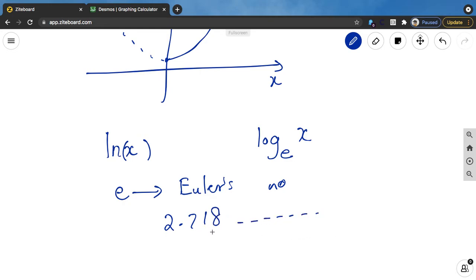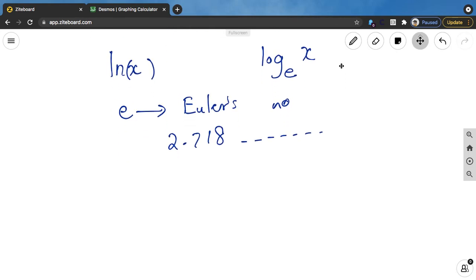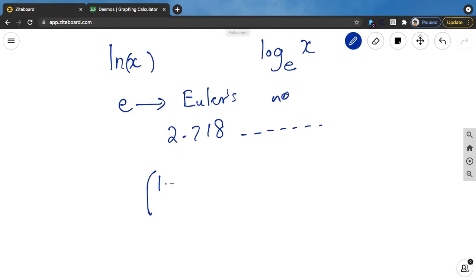Why do we think of this number? Well, because any natural continuous growth, like the compound interest with 100% interest and compounded n times, if n becomes very, very large, so n approaches infinity, this will approach e.